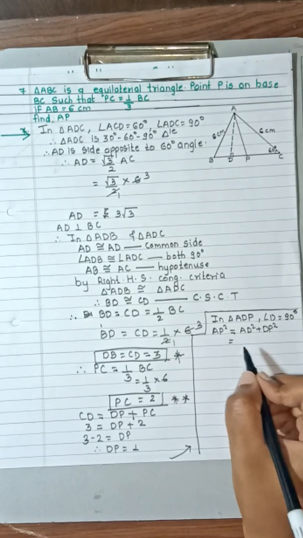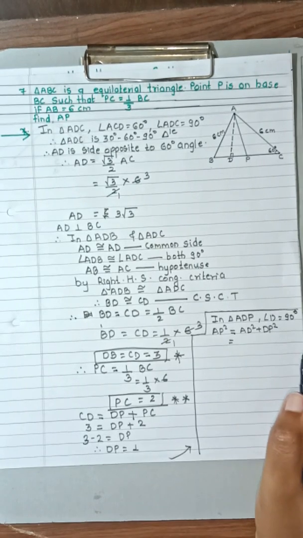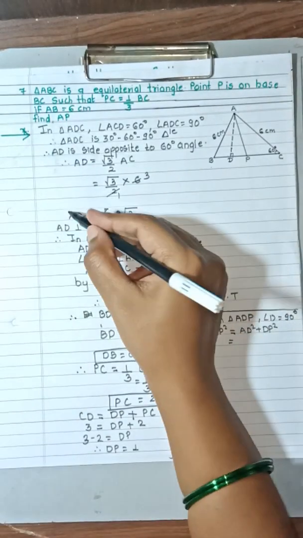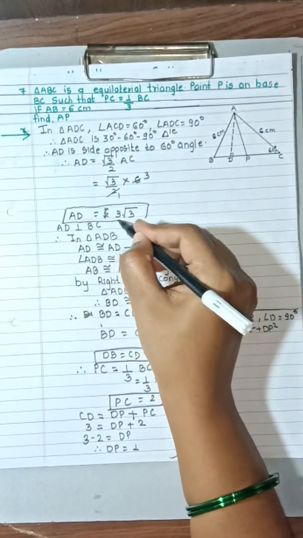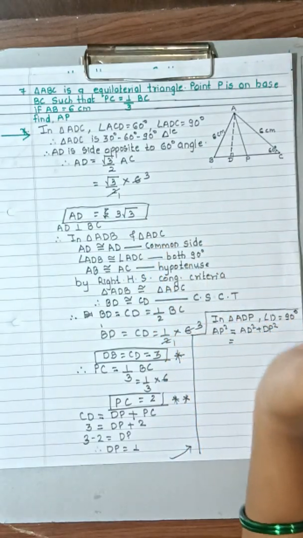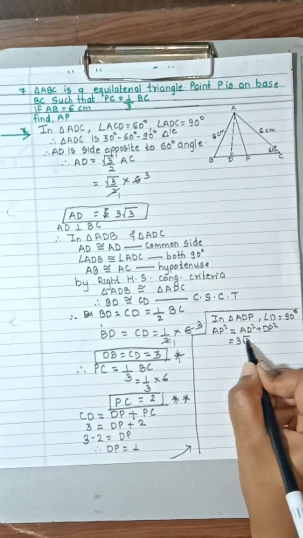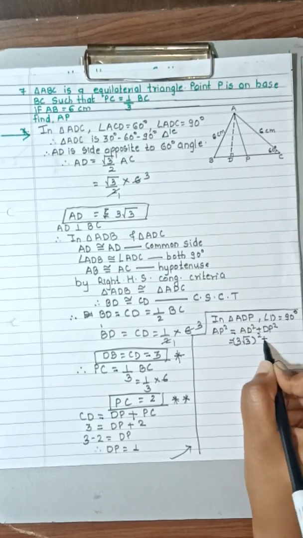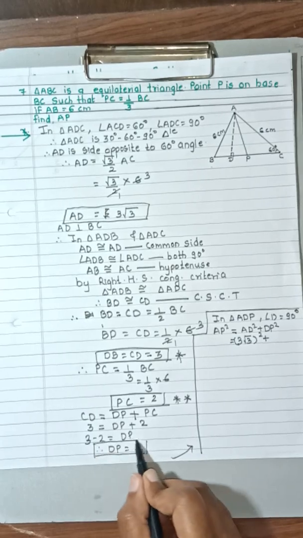Therefore, children, now how much is AD? AD is 3 root 3. See here, we have just found it out in the beginning. So AD is 3 root 3, bracket square, plus DP is 1 square.